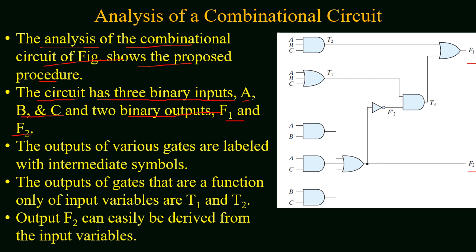Now the given circuit is a multi-level circuit, so we will also label the outputs of the intermediate gates, and these will be labeled as T1, T2, T3. Now the outputs of gates that are a function of input variables are T1 and T2 only, whereas the output F2 can be easily derived from the input variables.